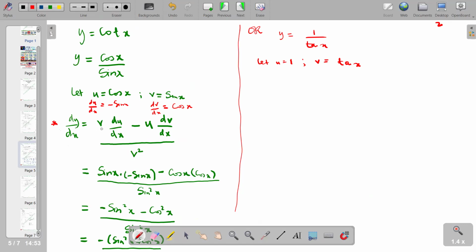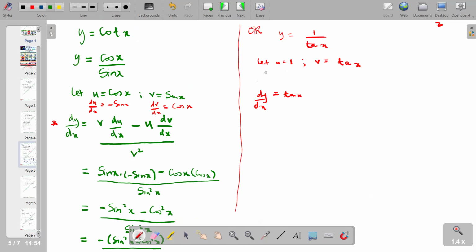So our v is tan x. Let's do it. dy/dx is going to be equal to our v, which must be the one on the denominator, tan x, times du/dx. Here u is a constant, so du/dx gives 0.